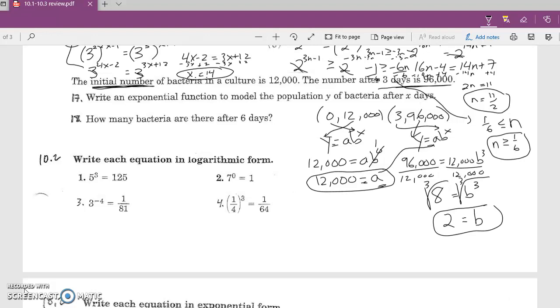So I have my a, I have my b, so my equation would be y equals 12,000, which is my initial population, times 2 to the x power. So that right there would be the equation that describes the bacterial growth in this problem.